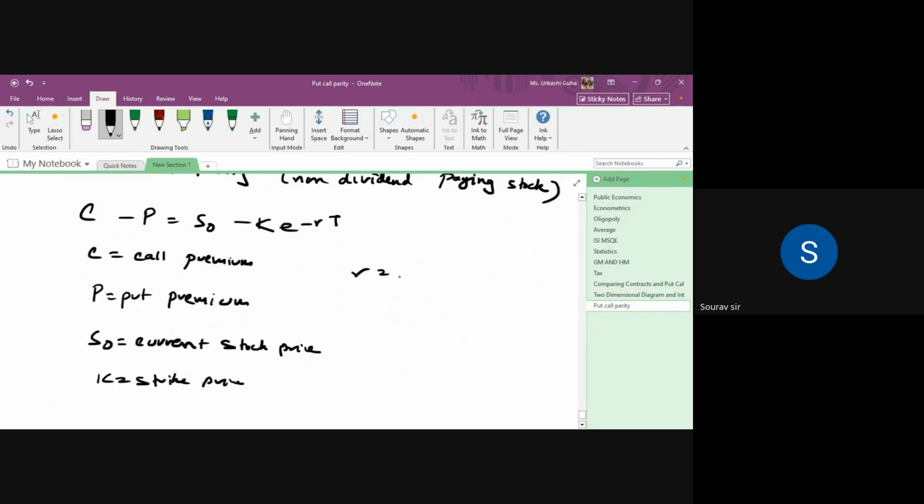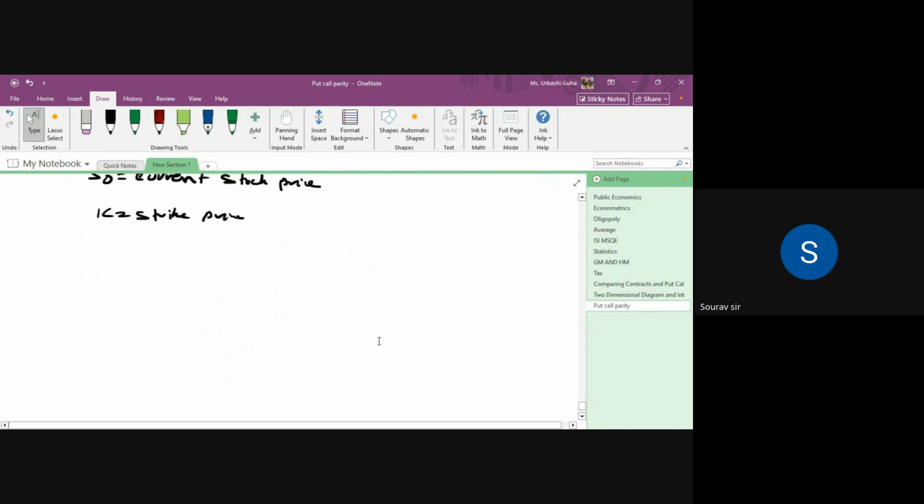What is R? Interest rate. And what is T? Option maturity. It's not directly given but factored. Now we will use the first condition, that is strike is equal to K.